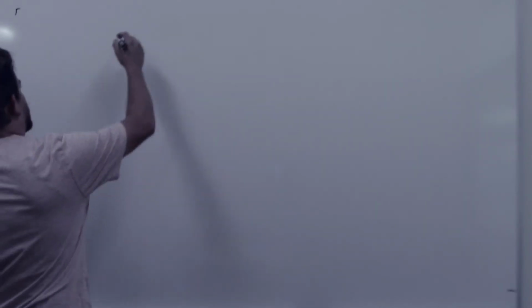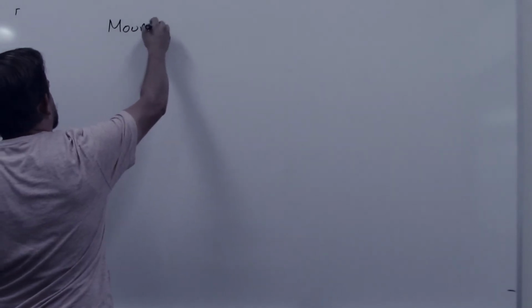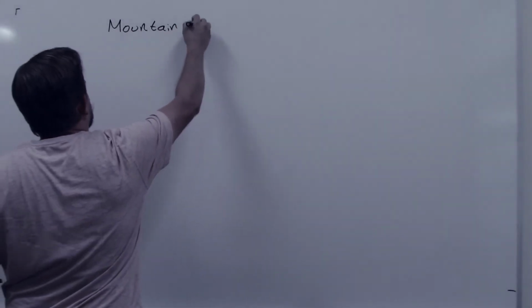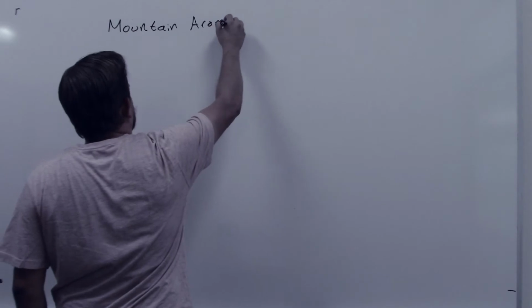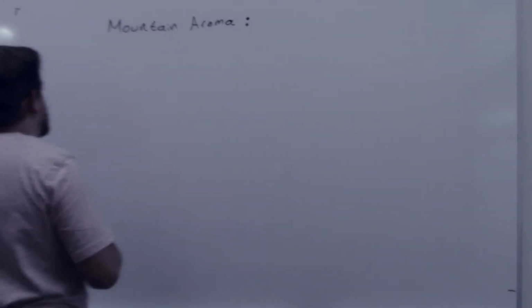Okay, let's look at another one like that. Let's just do the next example in the book here. Java Joe's Coffee Shop sells 2 kinds of coffee. We have Mountain Aroma, which sells for $8 per pound.